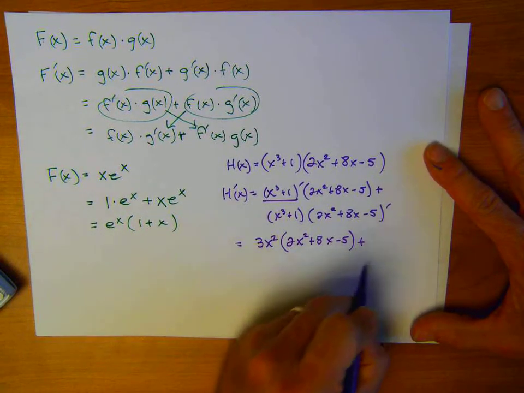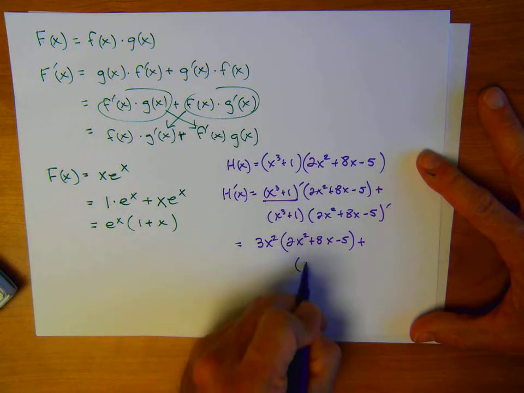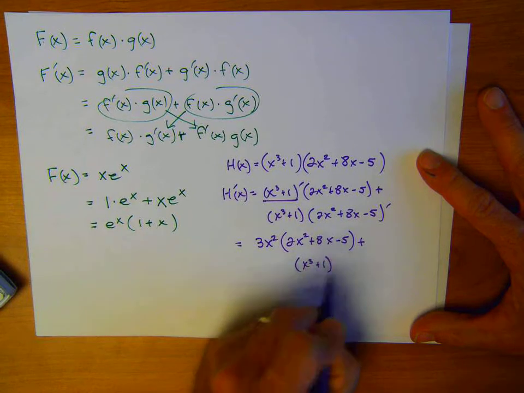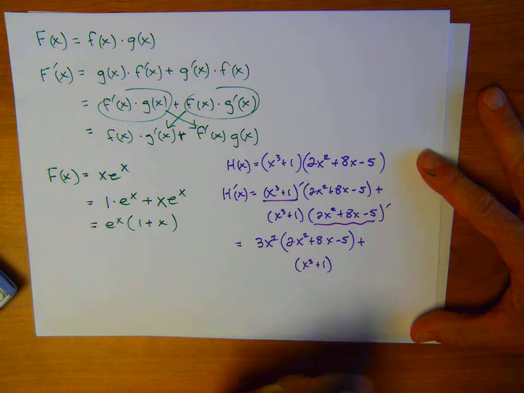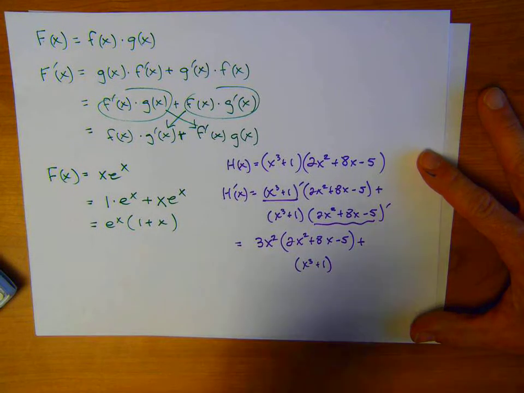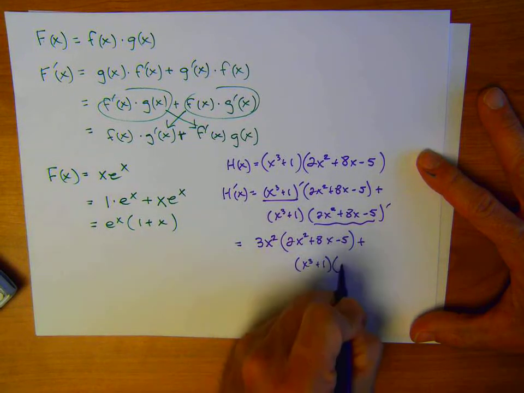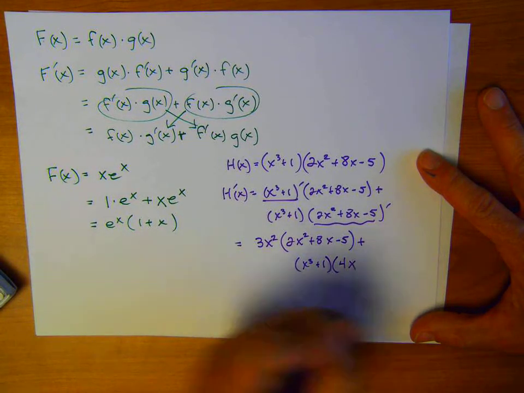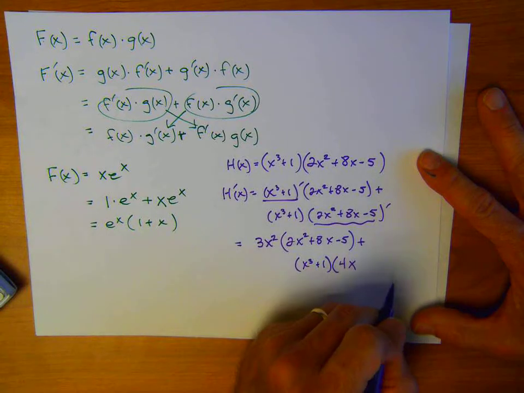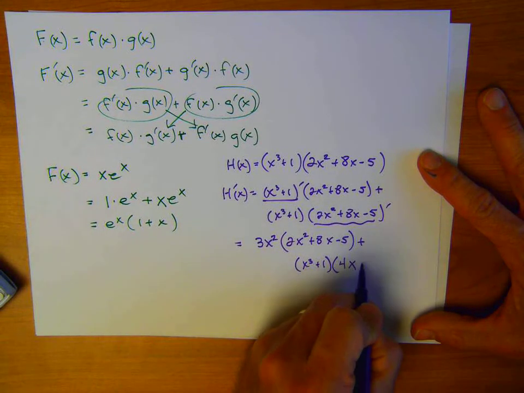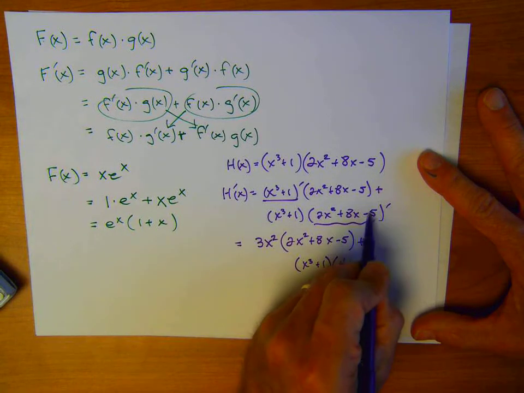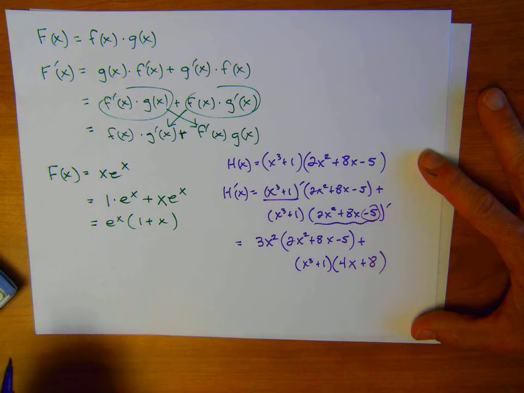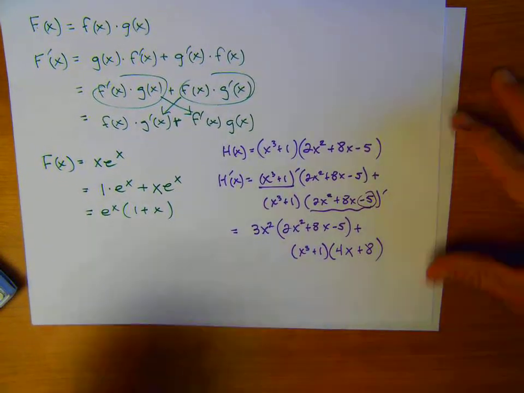Plus, then I'll end up with x cubed plus 1 times the derivative of this. Using the power rule on each of these, this is going to be 4x to the first power, but we just write 4x. The derivative of 8x is just 8, and the derivative of any constant is 0, so I'm just left with this. So there you have it.